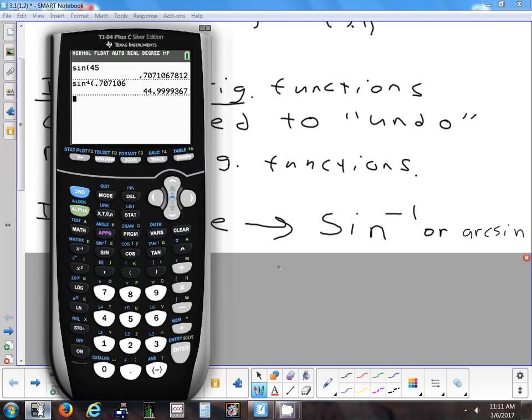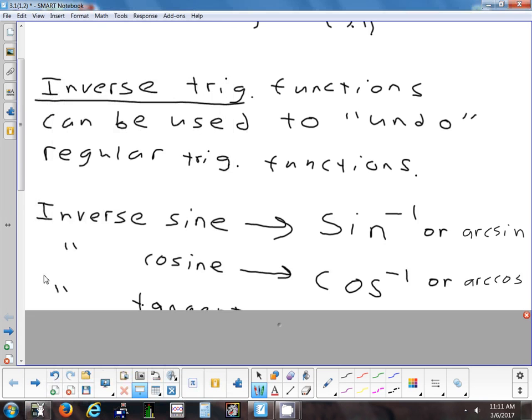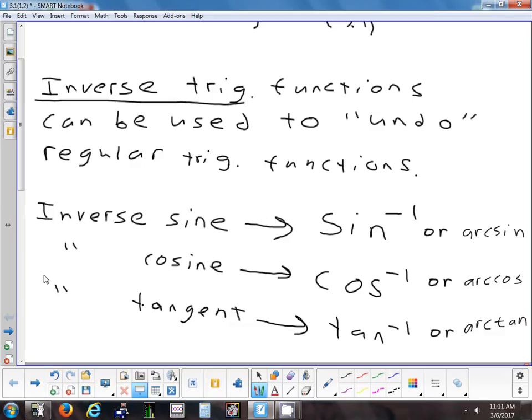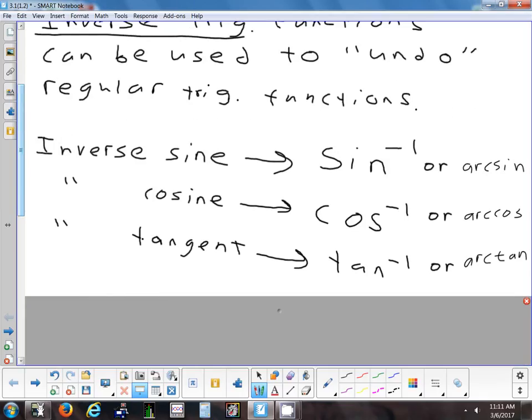I'm going to talk more about how you use the calculator later on. And we also have symbols for inverse cosine and inverse tangent. Inverse cosine is cosine with a -1. Older books might say arc cosine.